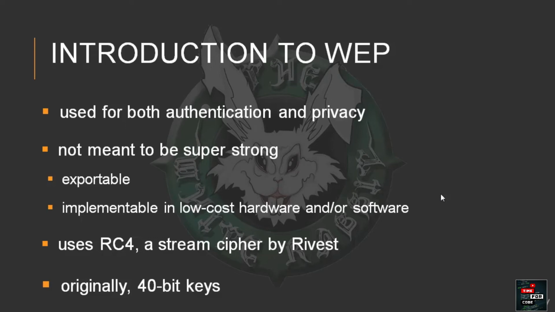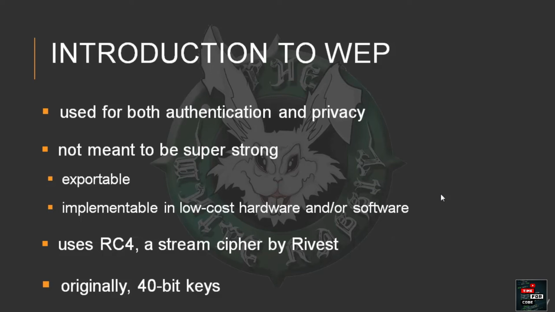For example, originally there were these 40-bit keys that were used. You might hear that the keys were actually 64 bits, but it depends on what you mean by the keys, because you have 40 bits that are variable and then 24 bits of the so-called IV, initialization vector, which in some systems was never changed or was a well-known sequence of initialization vectors.